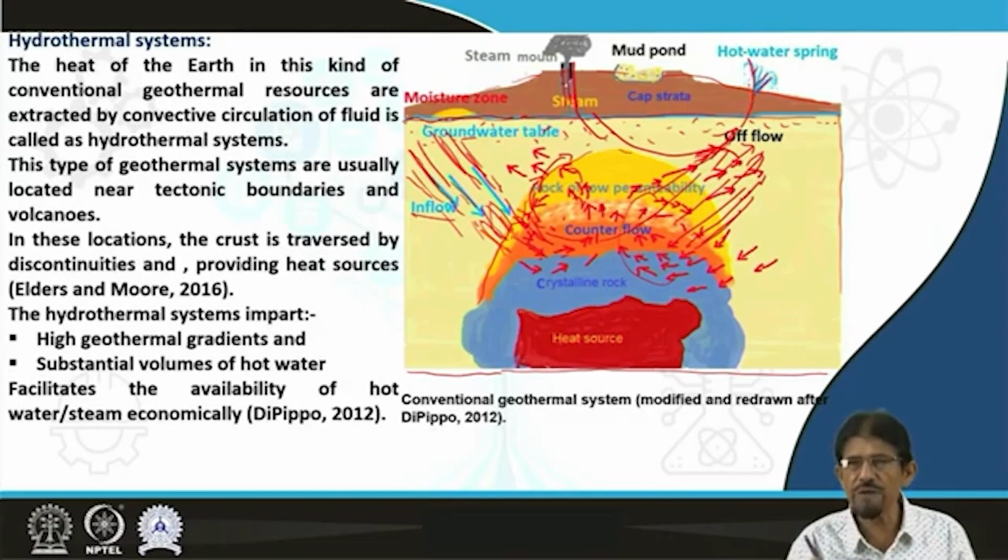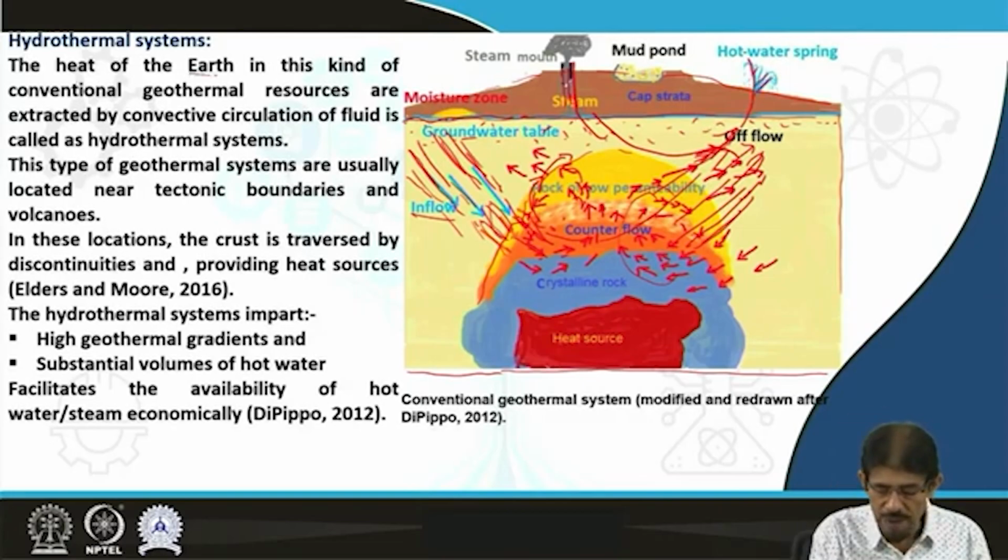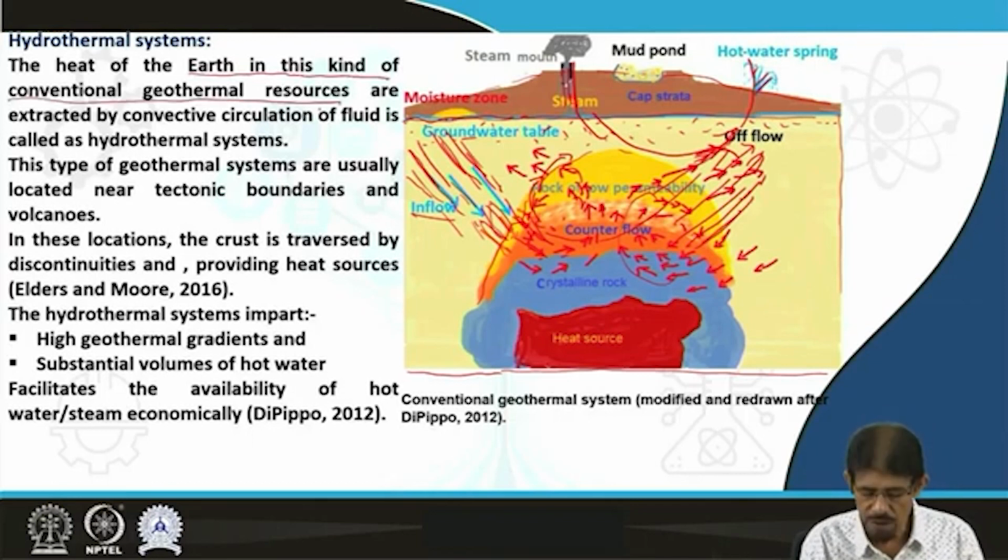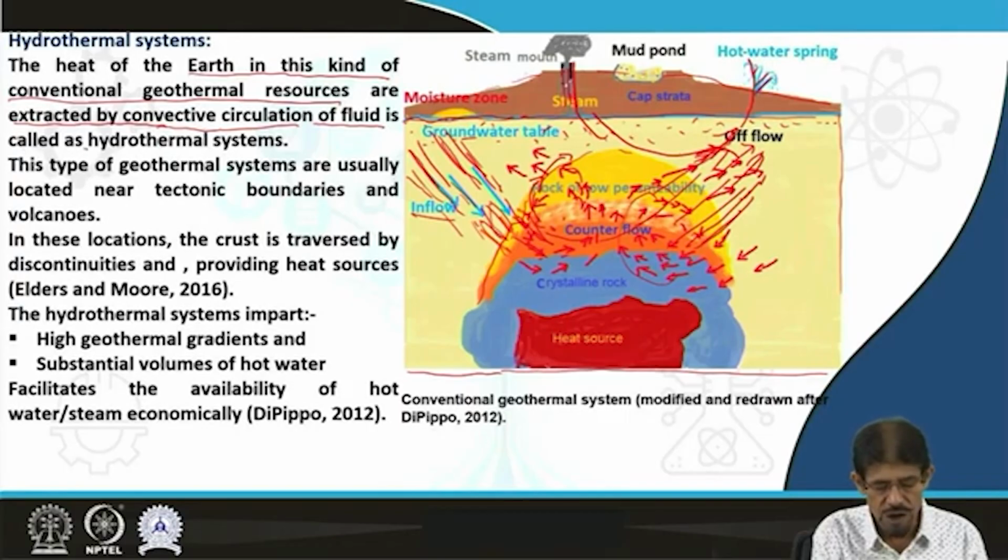You can see the heat of the earth in these kinds of conventional geothermal resources is extracted by convective circulation of fluids, which is called a hydrothermal system.